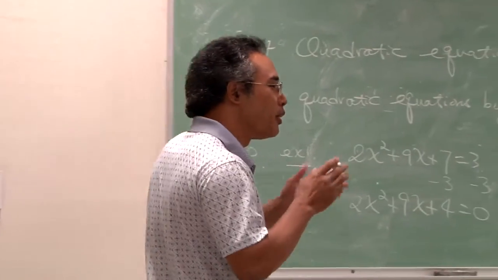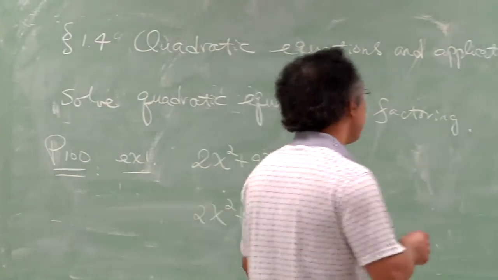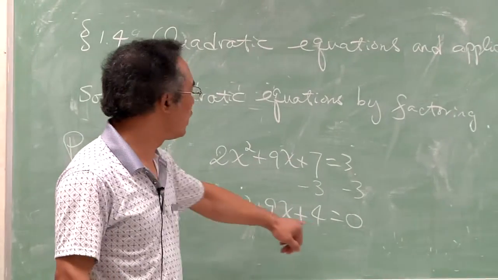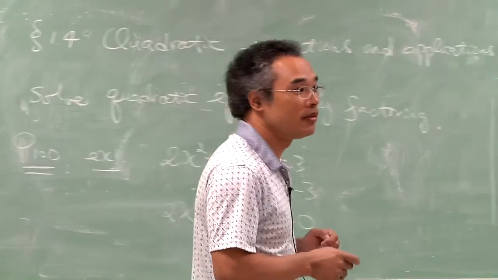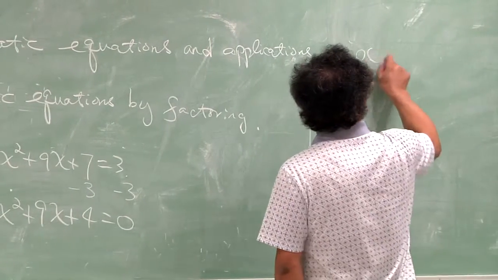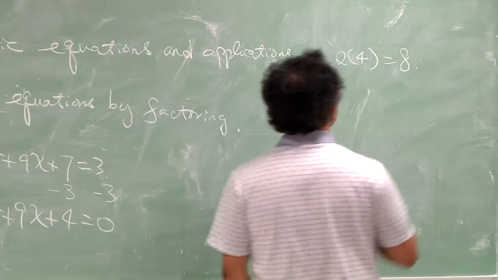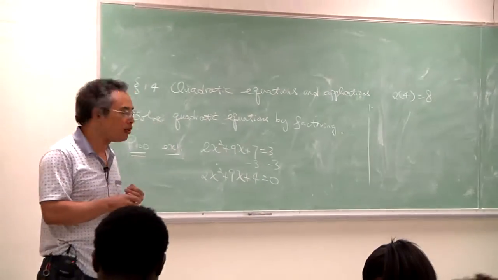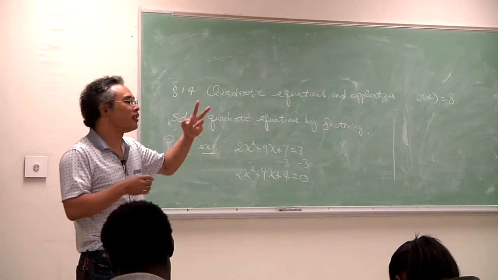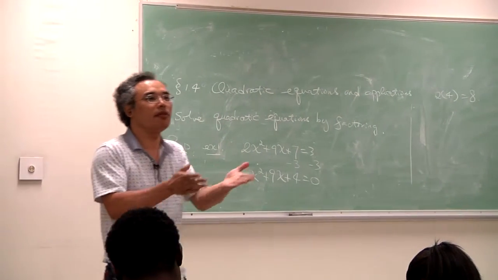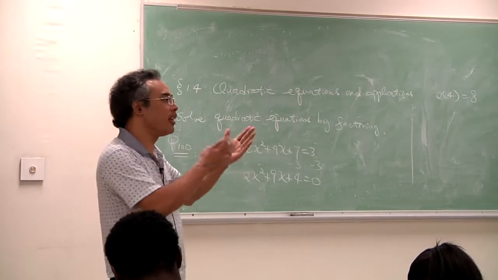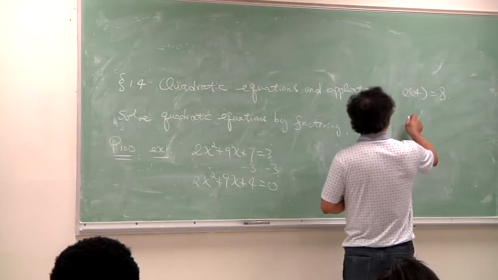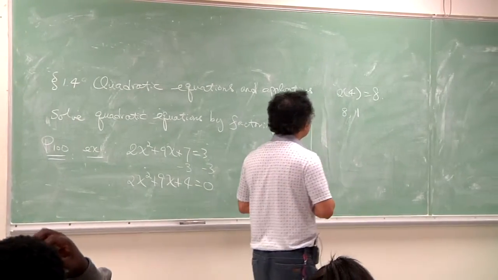The first step is to multiply the first number and the last number. We multiply 2 by 4, so we get 8. Then find two numbers that multiply to 8 and add to 9. Those two numbers are 8 and 1.